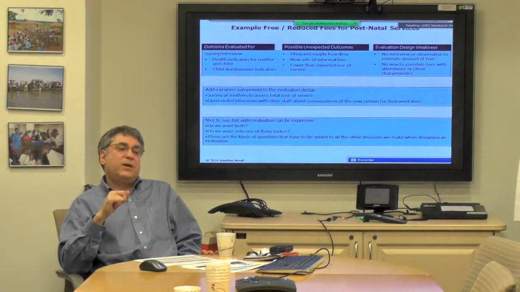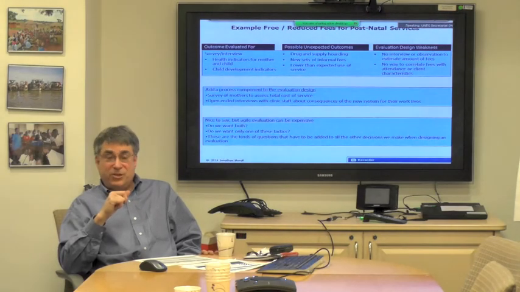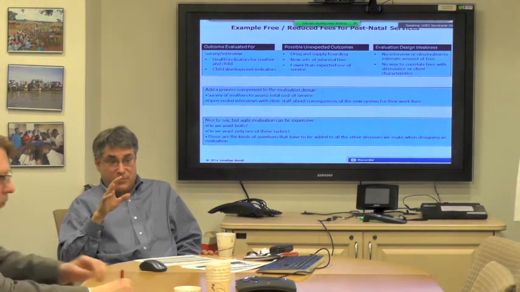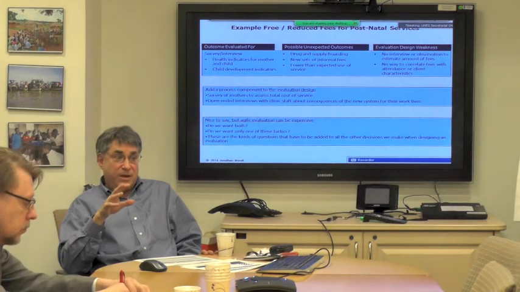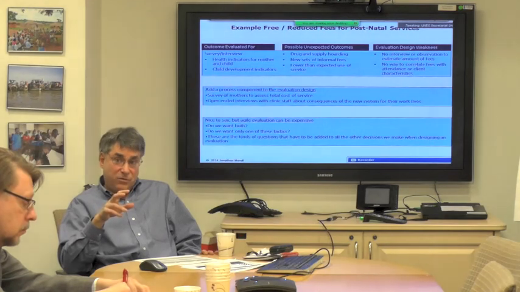You could say we are not going to use psychometrically validated questionnaires, but you lose something by just doing observations and interviews. You could say we are going to very specifically use these control groups, these comparison communities, and we're going to do everything we can to maintain the integrity of those control groups.